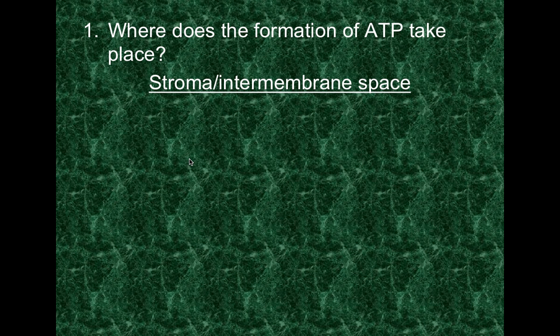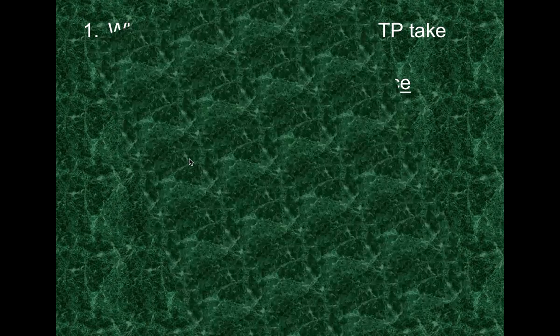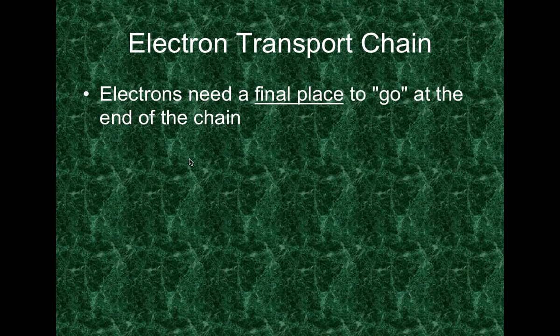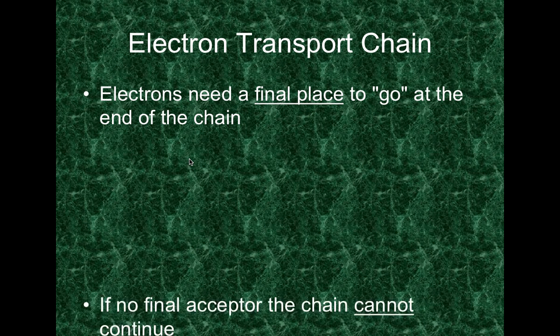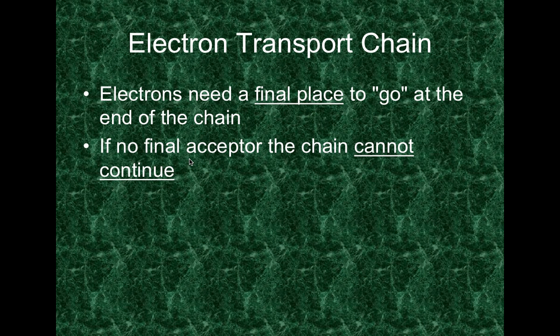So why do we have this all taking place? Well, remember, the electron transport chain is going to create the ATP, but it's also going to produce these electrons. So the electrons need a final place to actually go at the end of the chain. If there isn't a place for it to go, the chain cannot continue.